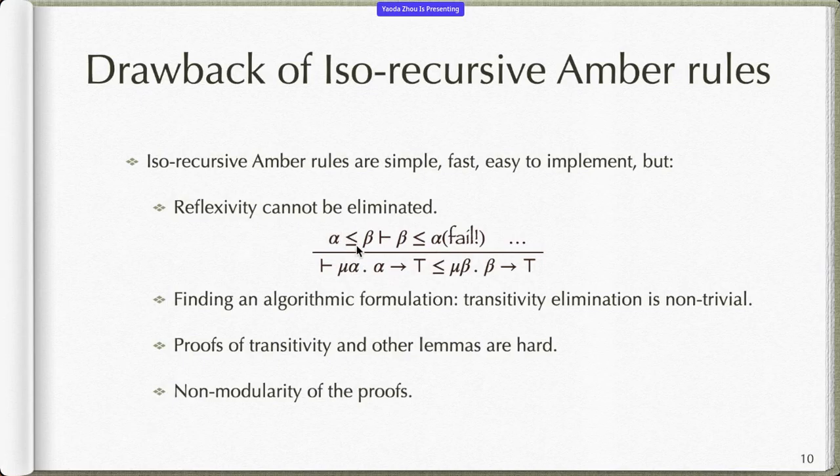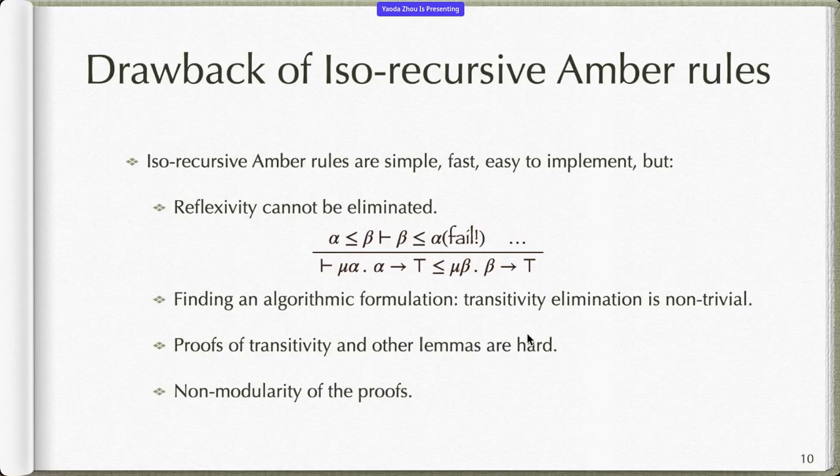And by having alpha less than beta in the premise, in the context, we cannot derive the contravariant subtyping for the recursive body.